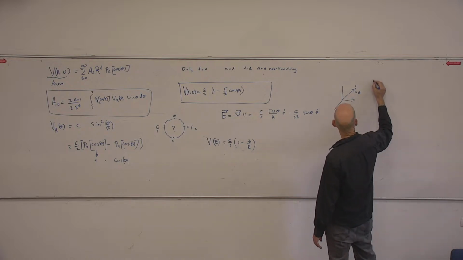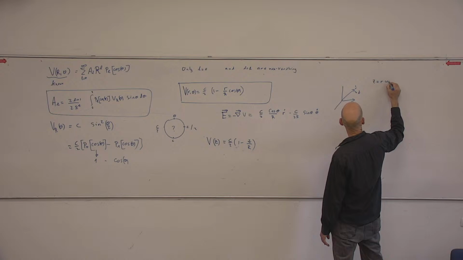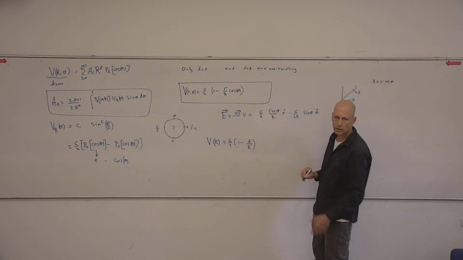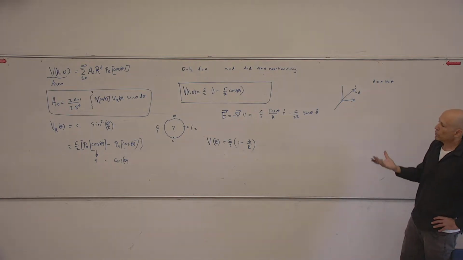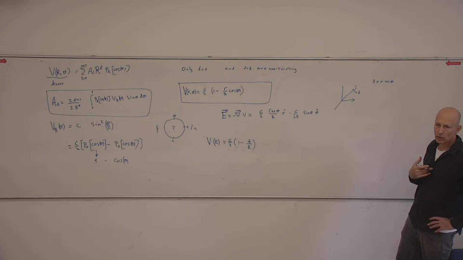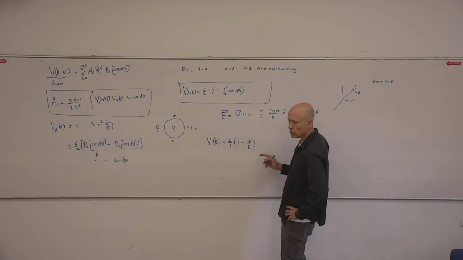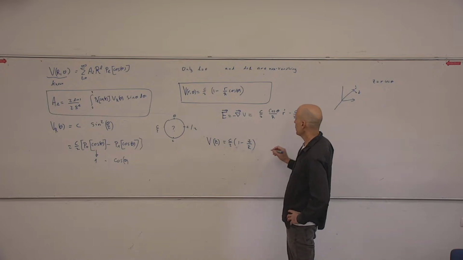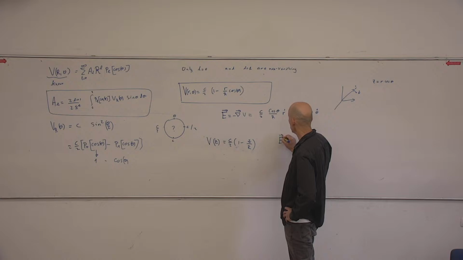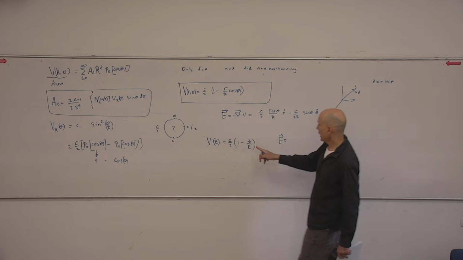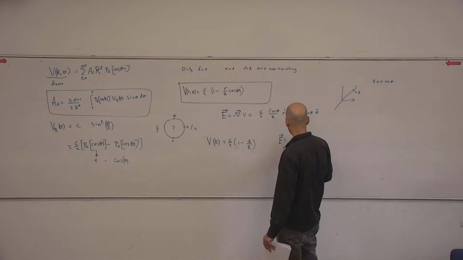Now we have a very simple potential because it's just increasing inside the sphere. What is the divergence of this? Even I know how to do that because it's going to be a constant, in the z direction. So in this set of coordinates, the field is simply C over 2R in the z direction.